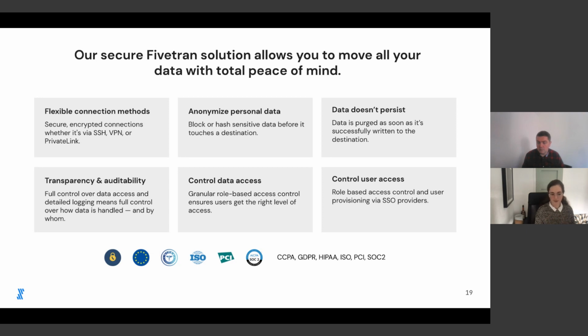So data governance and data security in general is a really big focus for Fivetran, as well as the motivation I talked about previously as a reason why I joined Fivetran. I also joined because I could see they're very serious about data governance and security. We have the most compliance certifications of any ELT cloud provider. Data governance is something we think is very important, and we do think it drives data-driven companies and strategies.